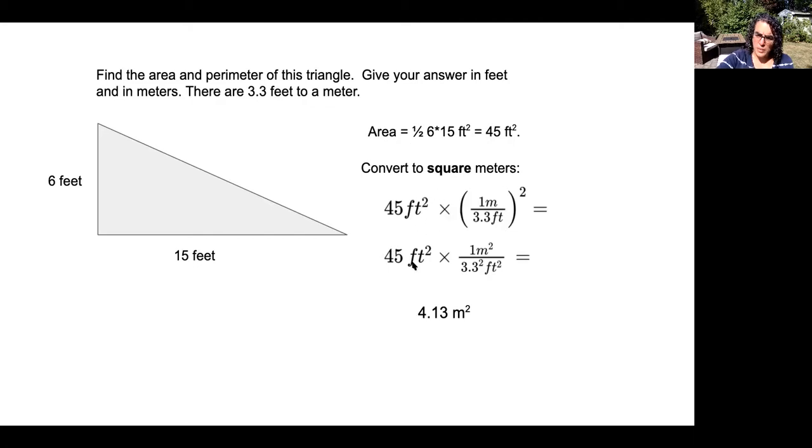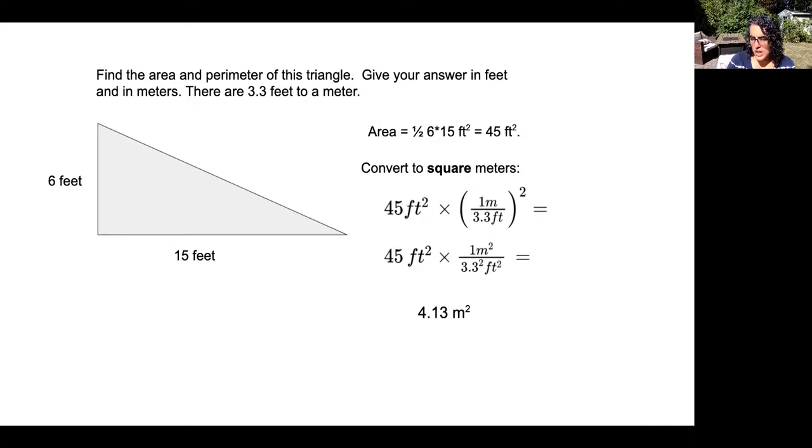That means I'm taking my 45 square feet and multiplying that by the fact that 1 square meter is the same as 3.3 squared square feet. In other words, I'm taking 45 and dividing by 3.3 squared in order to get it into square meters. And if you do this, you will find that your answer is 4.13 square meters.